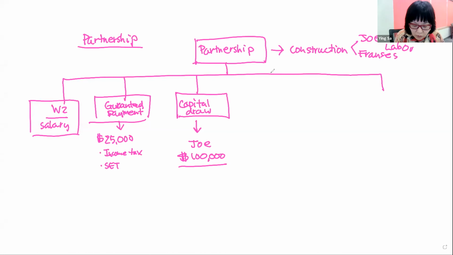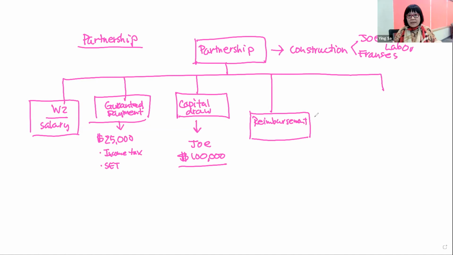Then the 4th one, reimbursement. What is reimbursement? Francis bought a lot of stuff for the partnership, but he bought it on his own credit card. It didn't even land on the partnership financial statement.